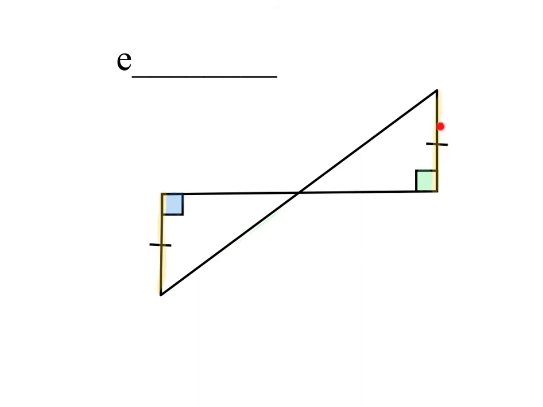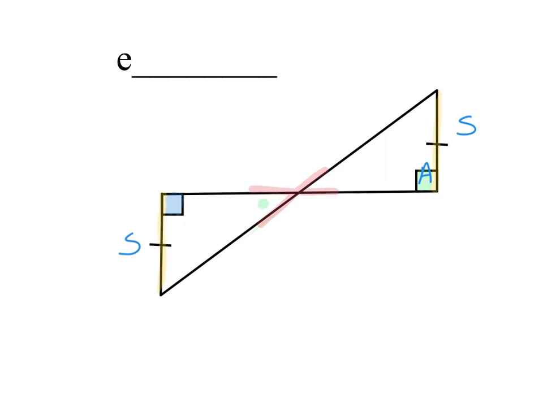So far I have one side equal to one side. So that's a side. I have this angle is 90 and this angle is 90. So then those two angles are congruent. So that's an angle. Now, I can see vertically opposite angles.